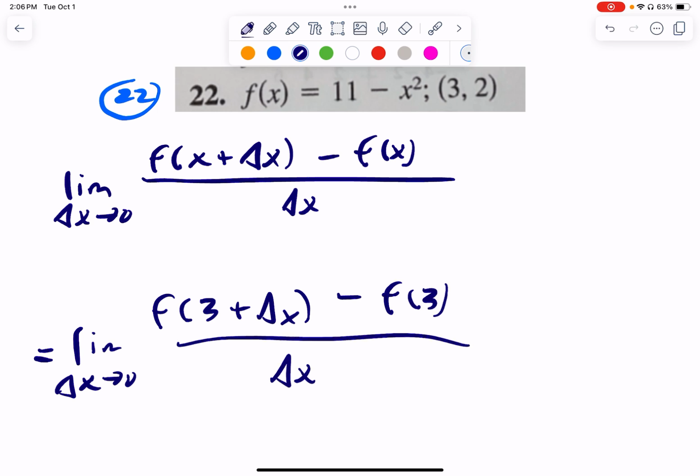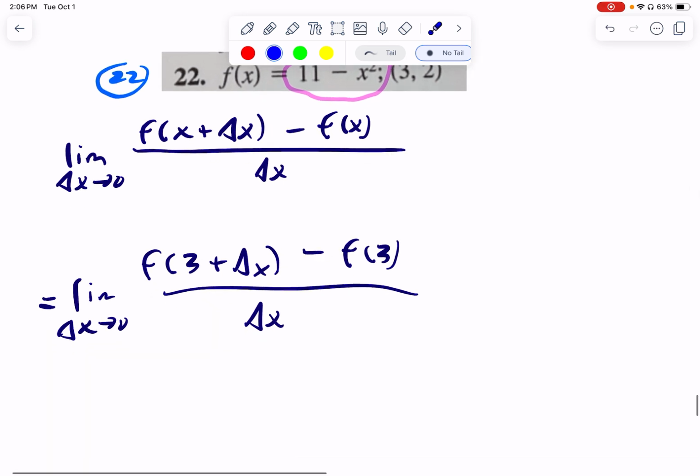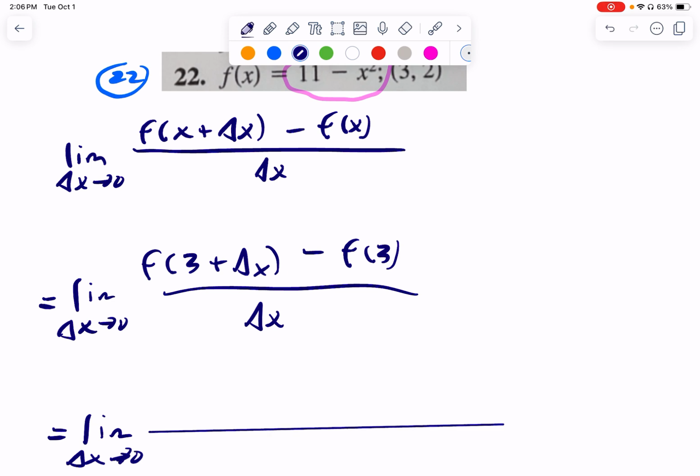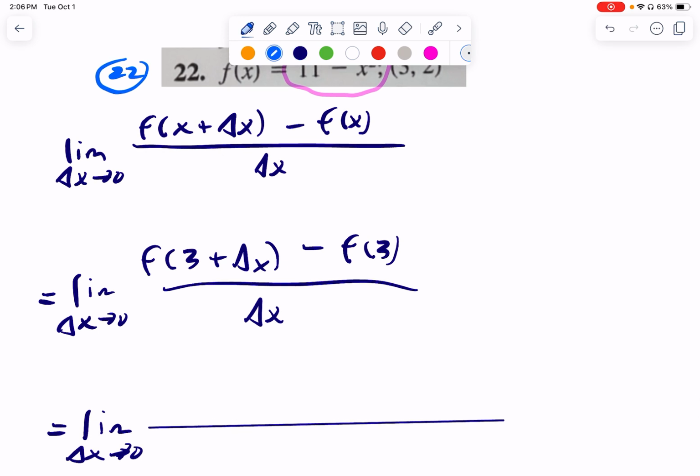And now I will ask, what does the function f do? Here is the formula, and it is 11 minus input squared. So I will apply that rule. If I apply that to, let's create brackets here.